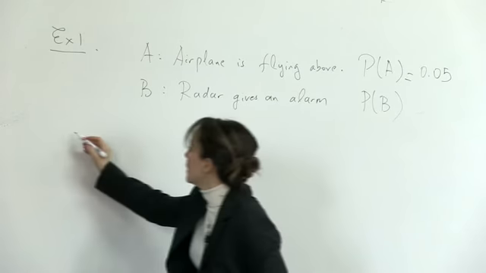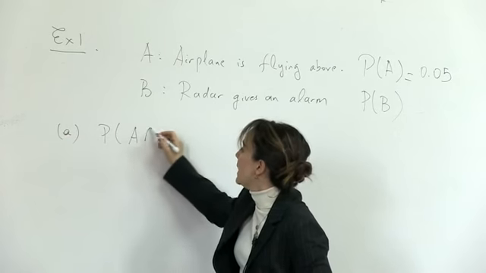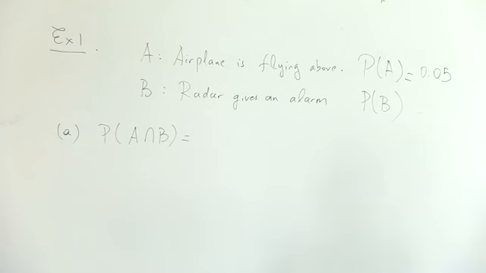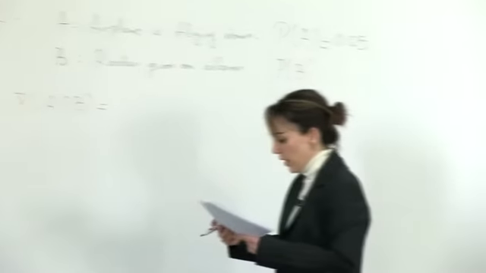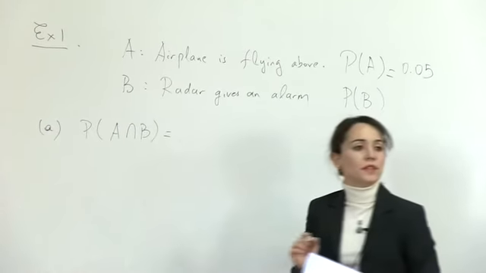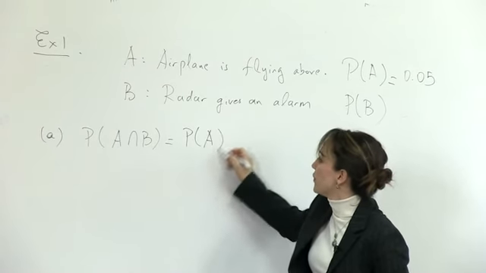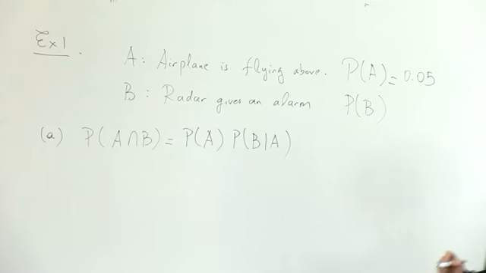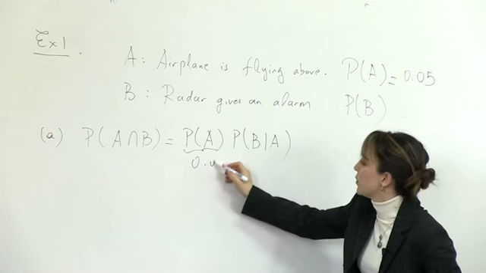Let's start by answering part A. Part A asks us to find the probability of A intersection B. This is the probability that there is an airplane in the sky and the radar detects it. How do we find this? Well, use the definition of conditional probability. We can break this up into the product: probability of A, probability of B given A. Probability of A is given as 0.05.